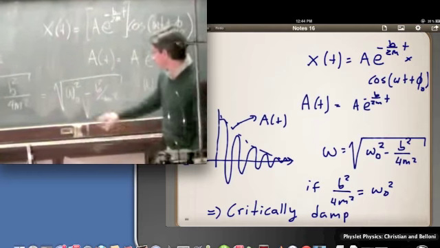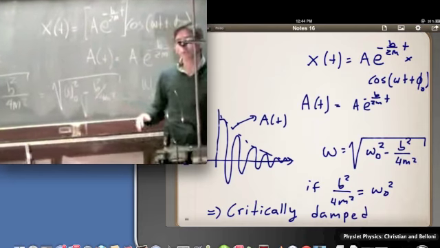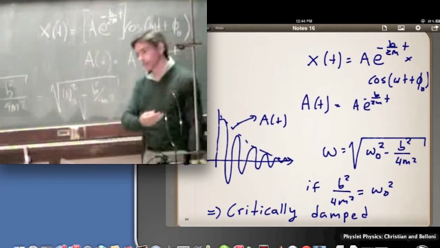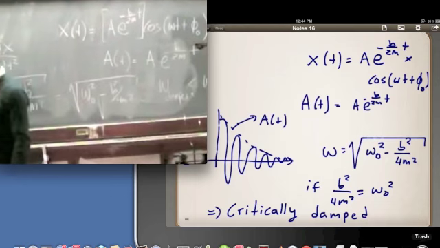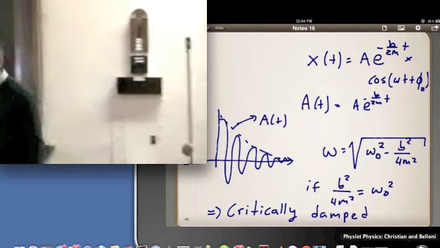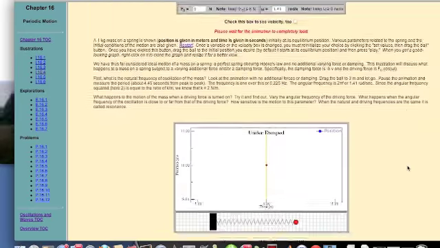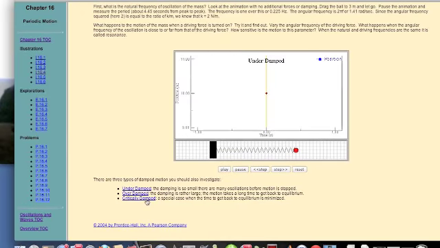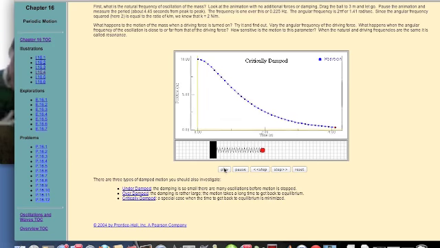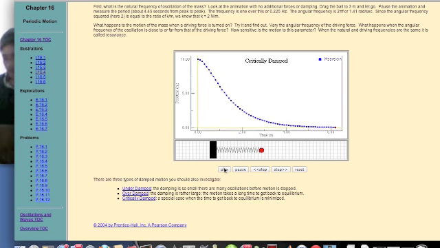The angular frequency of the oscillations goes to 0, which means the period goes to infinity. So the motion of the object is very slow. It goes very slowly towards the equilibrium point, and that is called critically damped. Starting from some initial amplitude, it just goes toward the equilibrium point. It's actually the fastest way to make an object go towards the equilibrium.